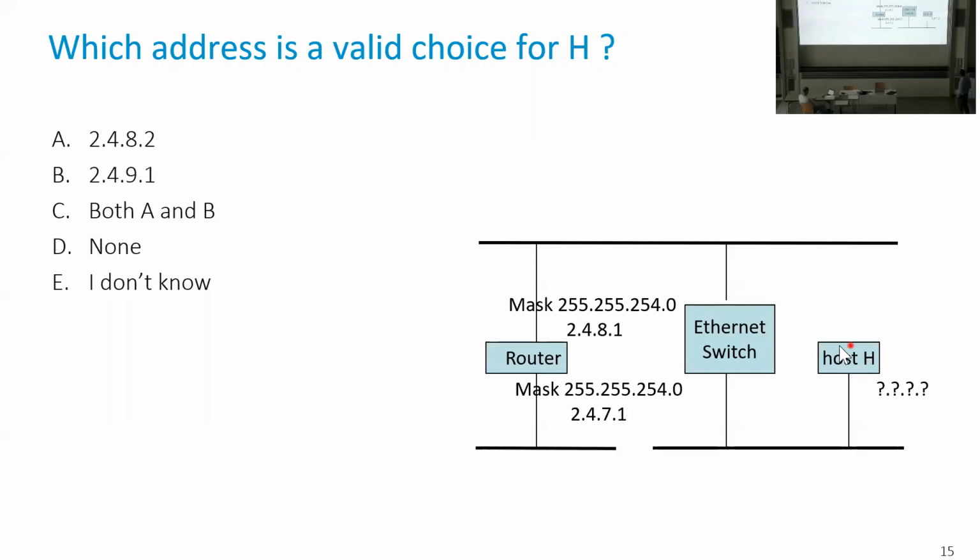What is a valid choice for the address of this host here? Assuming the other configurations are correct. So assume this is correct. I want to stay with that. I want to give something that's compatible with what is written here.